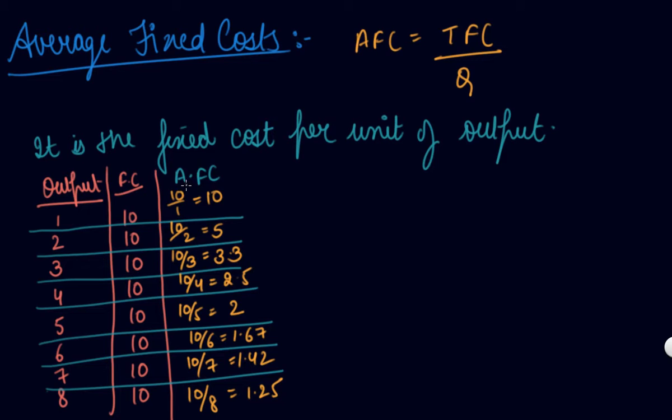So this is how you calculate your average fixed cost with the given total fixed cost. Now let us make a graph of this.